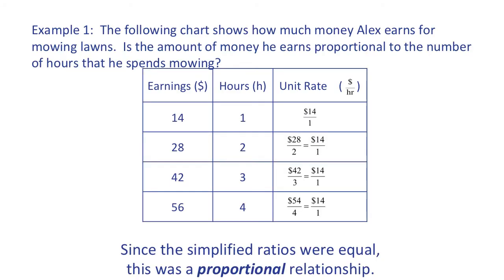So here's an example. The following chart shows how much money Alex earns for mowing lawns. Is the amount of money he earns proportional to the number of hours he spends mowing? So if we take the money he's earned and divide it by the number of hours, we always get 14 over 1.